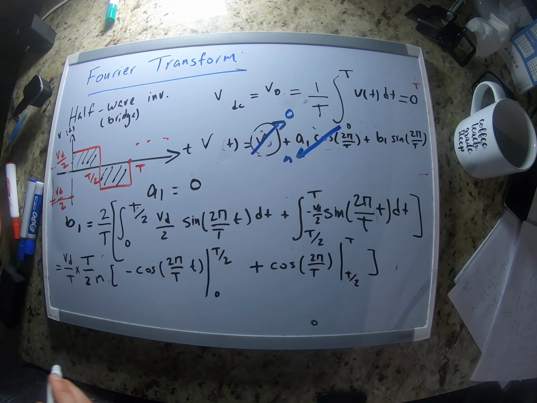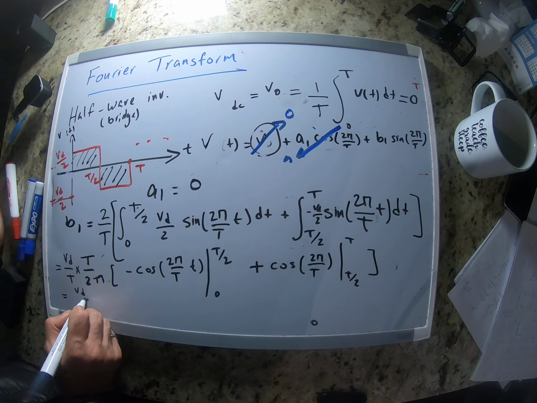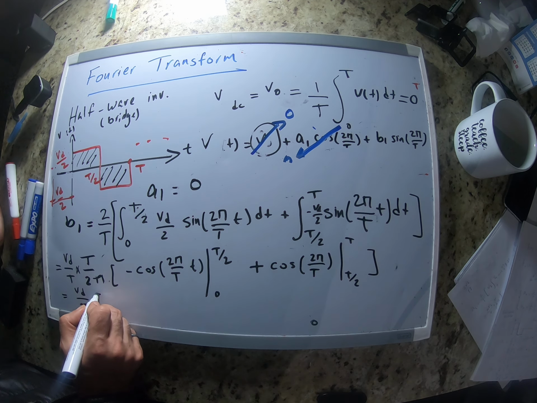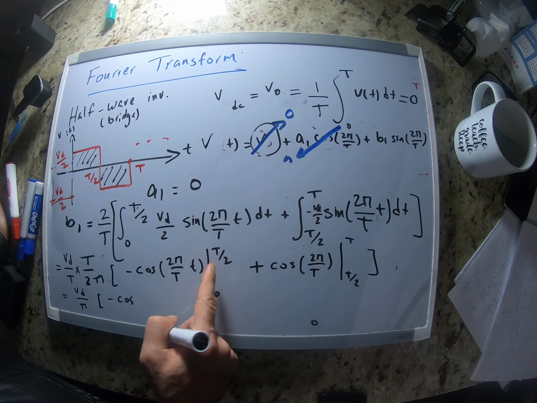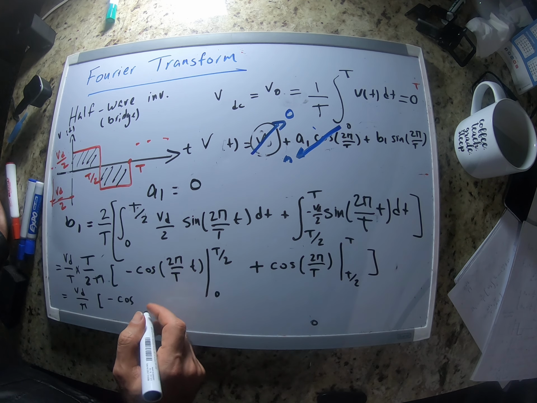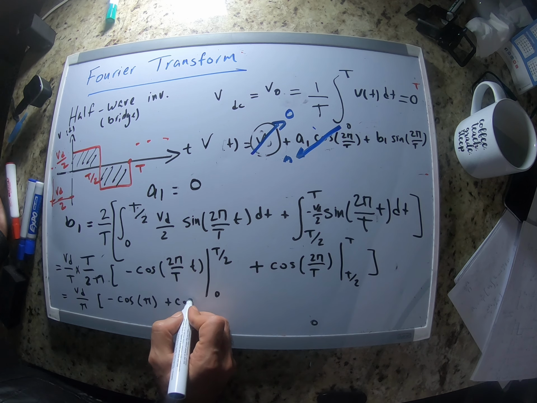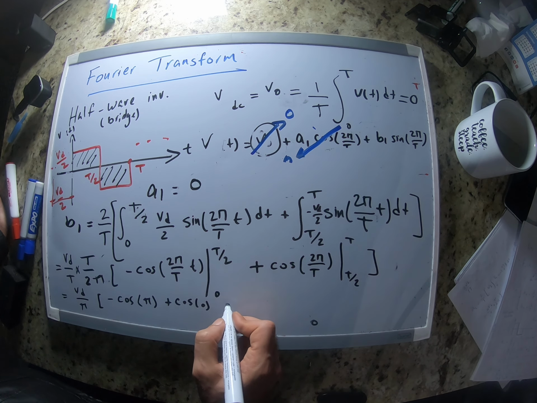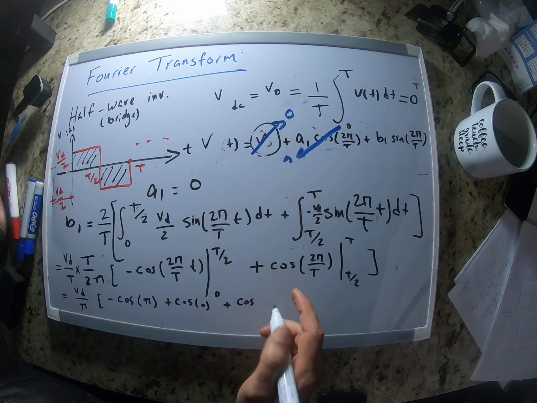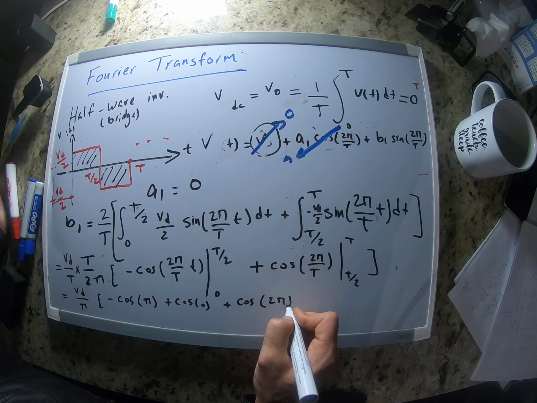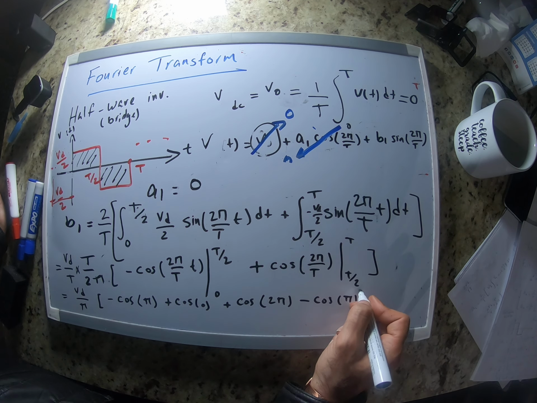Okay, so let's just see what happens here. This becomes Vd over pi times negative of cosine. If I replace t with t over 2, it becomes negative cosine pi plus cosine 0 plus cosine 2 pi minus cosine pi.